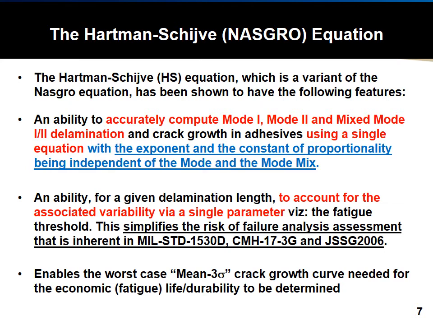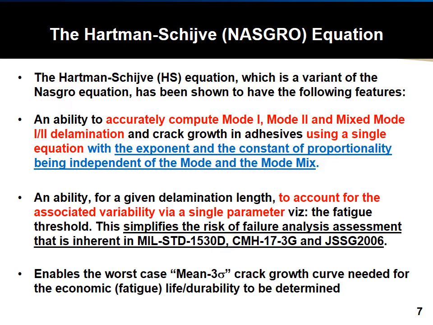This equation was developed by Professors Hartman and Schijve at Delft for crack growth in metals. It has been shown to have the following features: an ability to accurately compute mode 1, 2 and mixed mode delamination growth and crack growth in adhesives using a single equation, with the exponent and the constant of proportionality being independent of the mode and the mode mix.